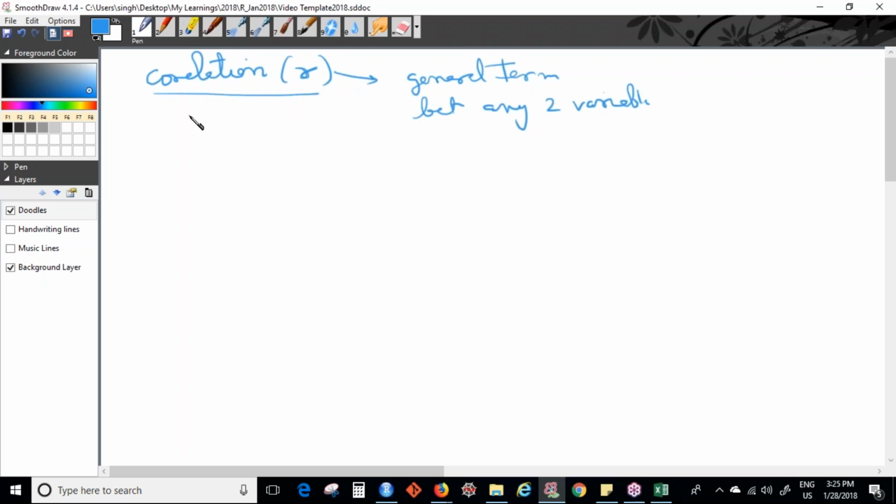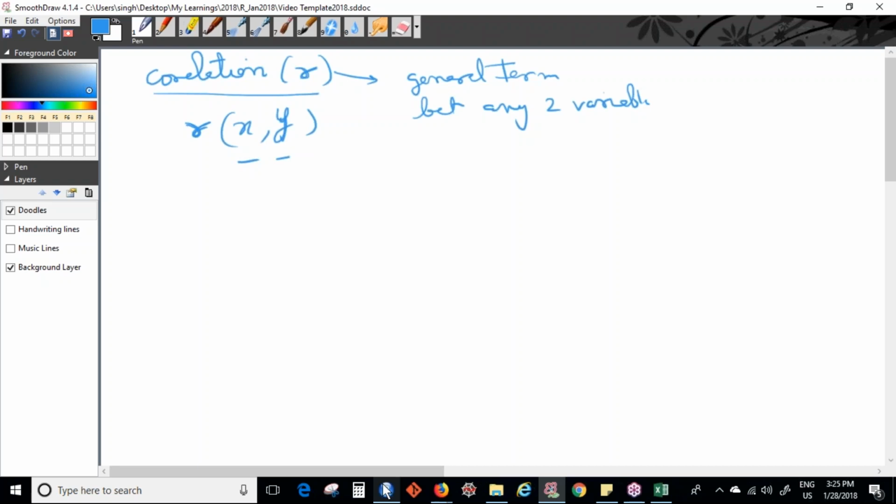What does this tell you? It tells you whether two variables are related to each other or not, nothing else. And it is always between two variables. You cannot find this between three variables. At a time you can only have two variables.